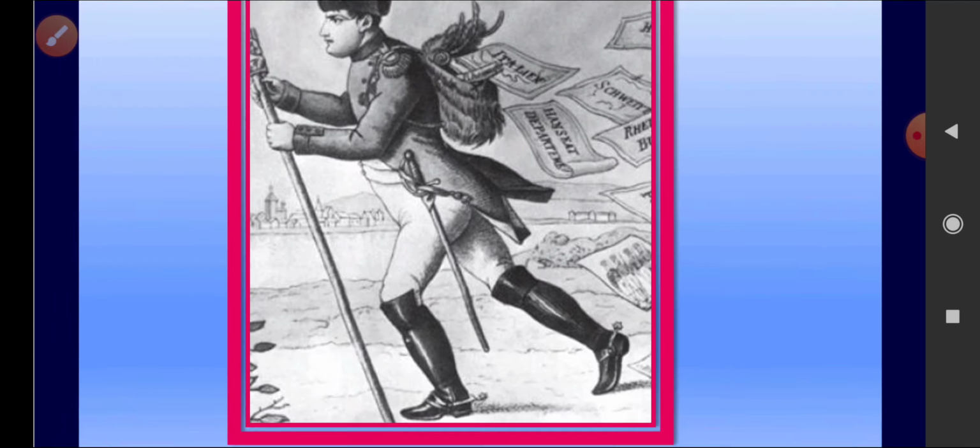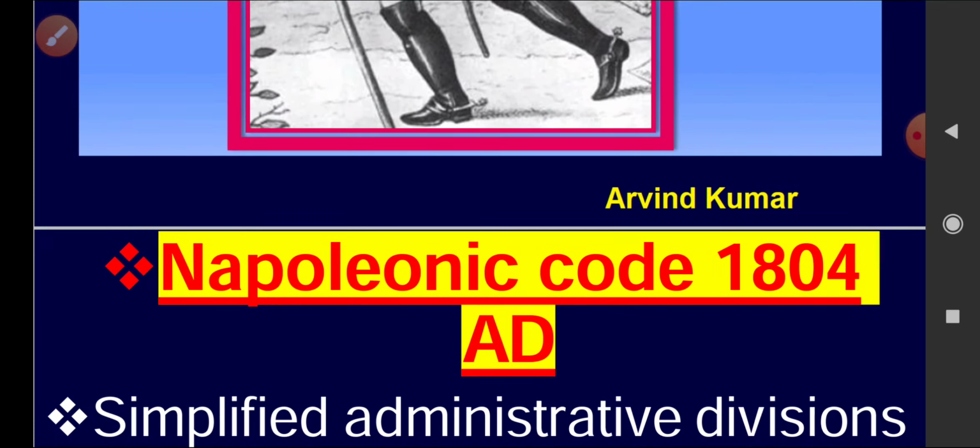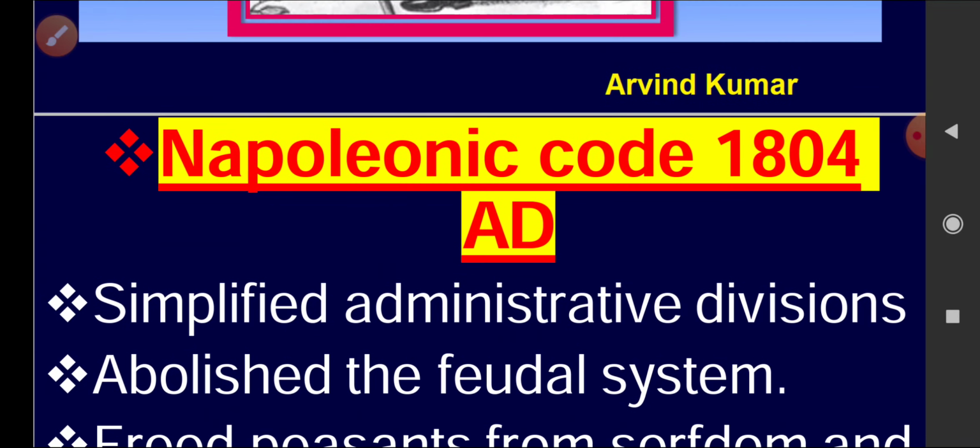Napoleon Bonaparte. In the year 1804 AD, Napoleon Bonaparte introduced the Napoleonic Code, which is also called the Civil Code of Napoleon Bonaparte.